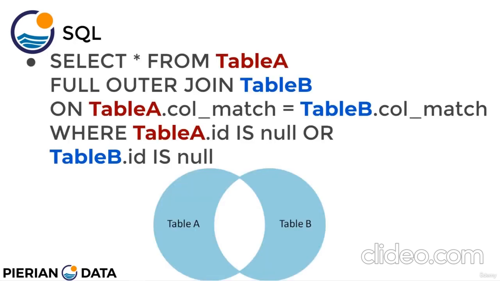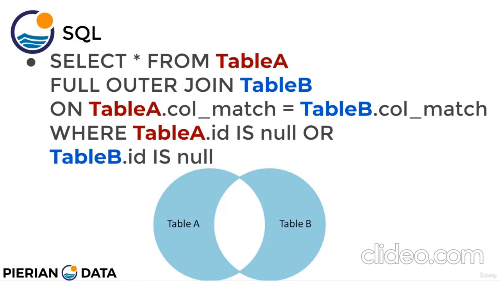The way this works is we say the following. We'll say select everything from table A with a full outer join on table B on table A.columnMatch is equal to table B.columnMatch. That's what we had last time, and that filled in the entire Venn diagram, including the intersection. However, we're going to add in a where statement to qualify it a little further. This adds the statement where table A.id column is null or table B.id column is null.